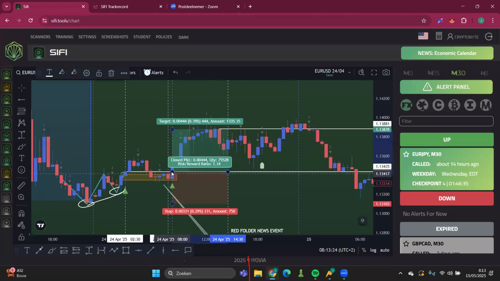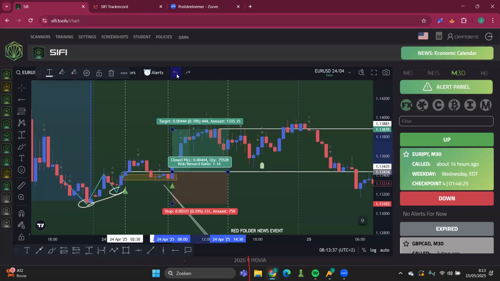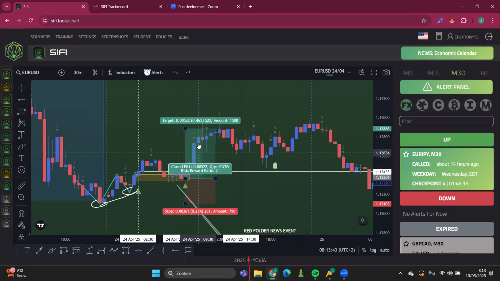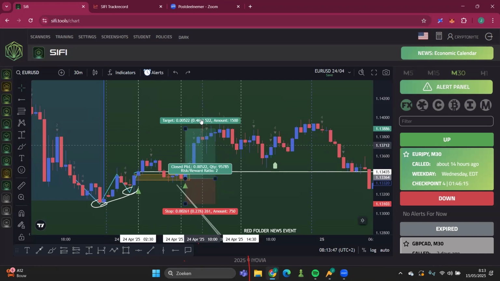Of course, we got in a lot lower. So we hit our target without the news even being there. We hit our target very fast. Let me see. Yes, this was a setup. So we hit our target in like 5 candles, so in 2 hours and a half, which is great.